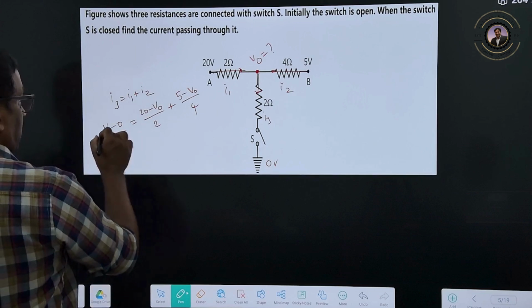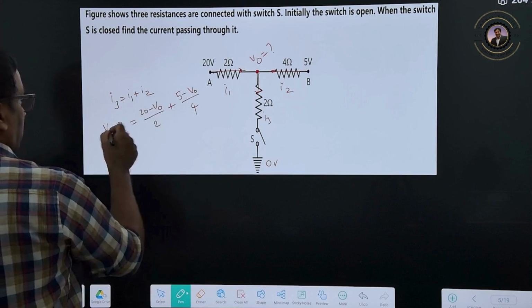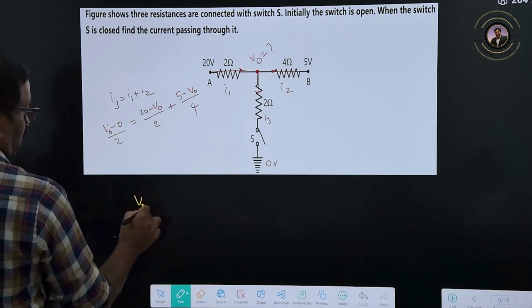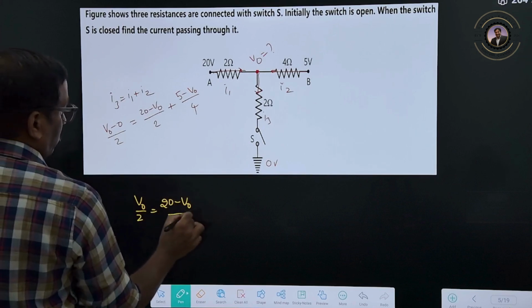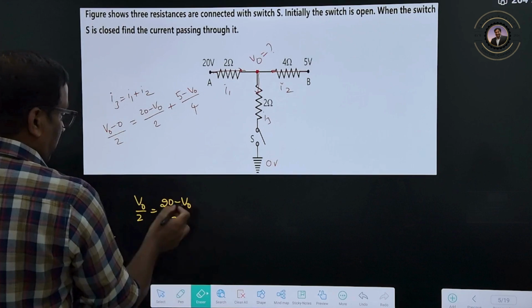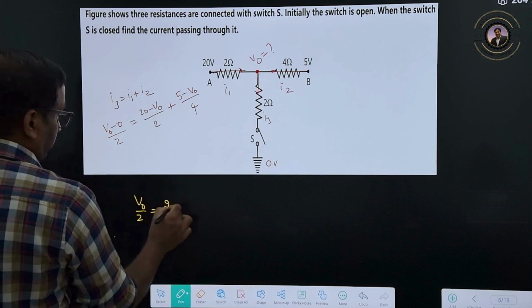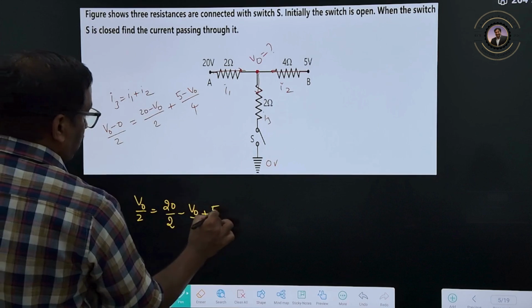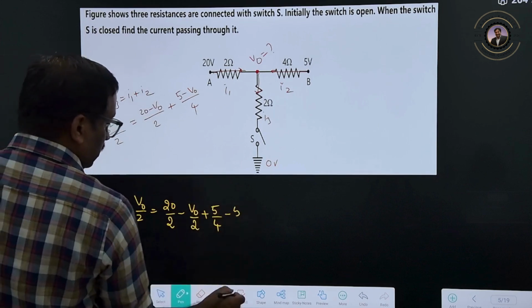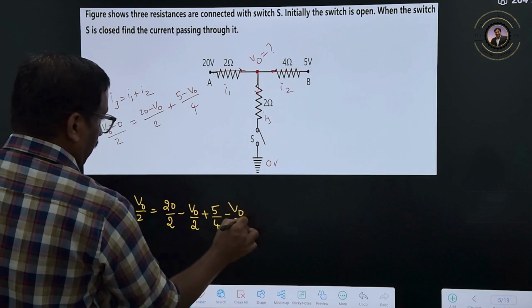Here I can make it like a 4, and therefore V0 by 2 is equal to 20 minus V0 by 2, or I can split this one. Therefore 20 by 2 minus V0 by 2 plus 5 by 4 minus V0 by 4.